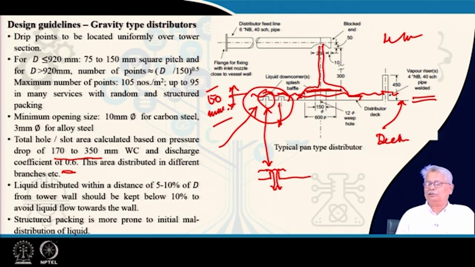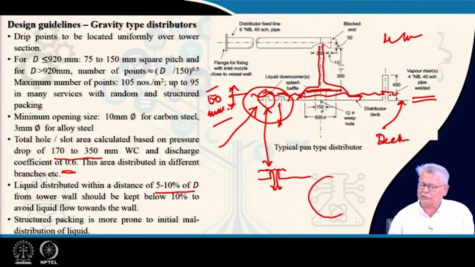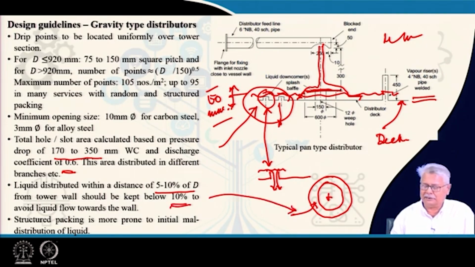You will understand one more thing, that whenever you are talking about the liquid distribution, within the 5 to 10% of D, that means if this be your tower diameter, and this zone, it should be getting below 10% of the liquid, because if you put more liquid here, it will have a higher tendency of channeling, and it will go and stick to your wall and fall down the wall itself.